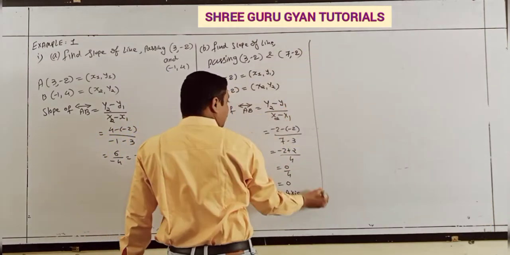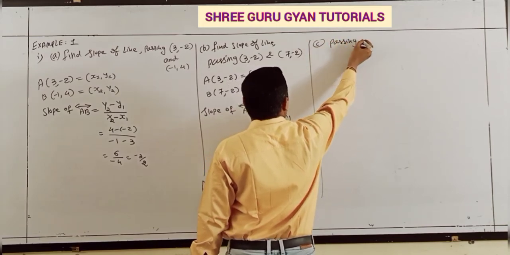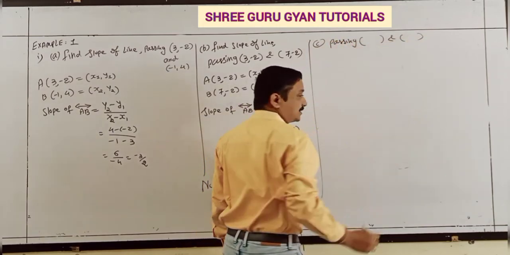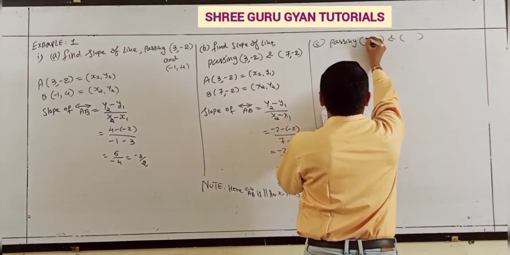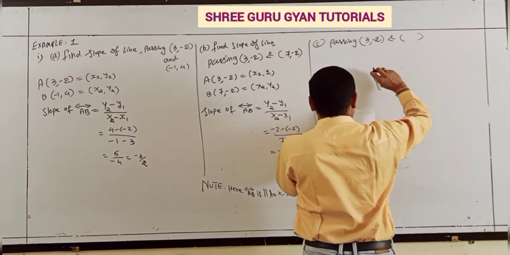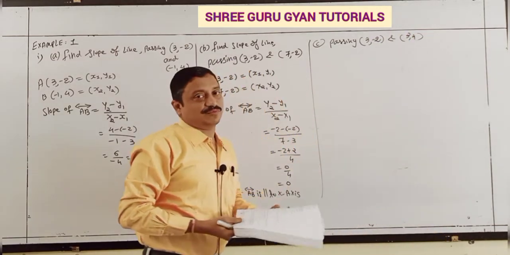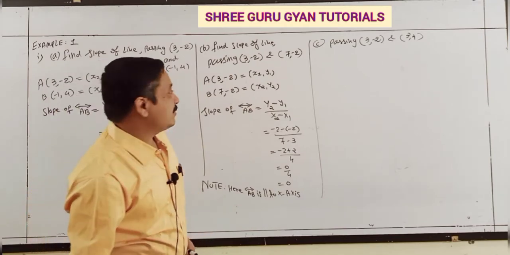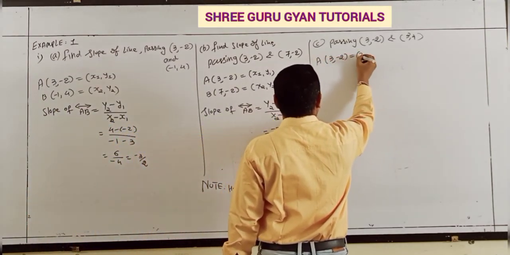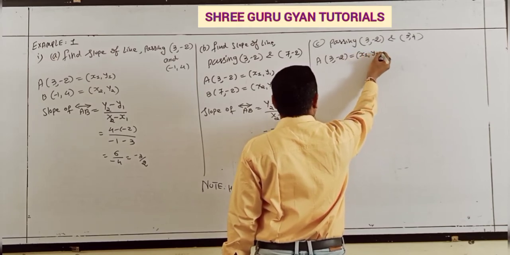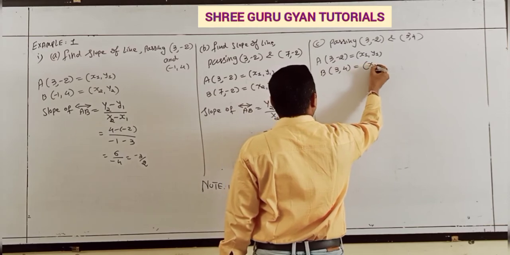Now continue with the third. Again passing through the first and second points: the first point is 3, minus 2, and the second is 3, 4. Similarly, A is 3, minus 2, which is x1, y1, and B is 3, 4, which is x2, y2.